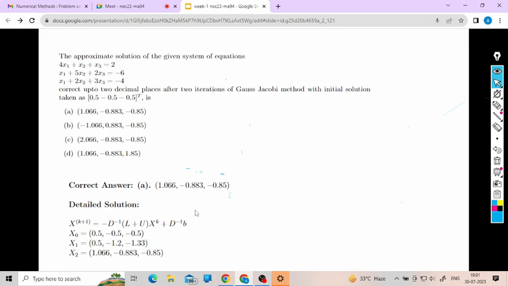Anyone got the answer? So after the first iteration, the correct value will be 0.75, minus 1.1 and minus 1.16.